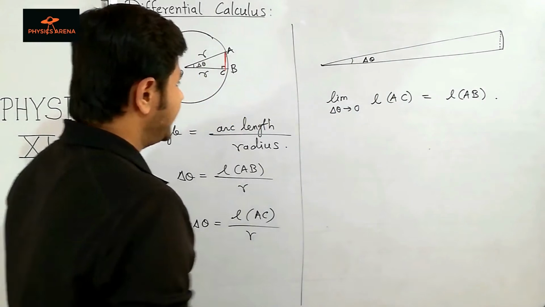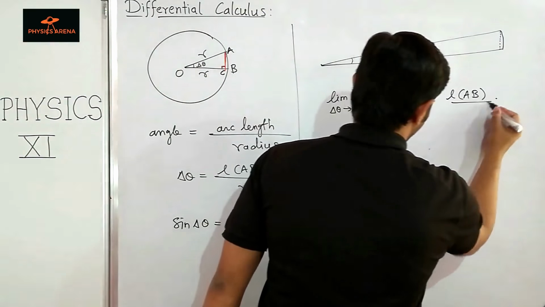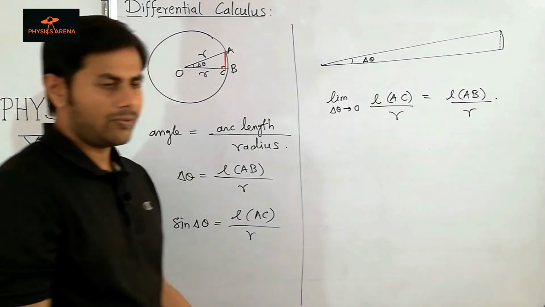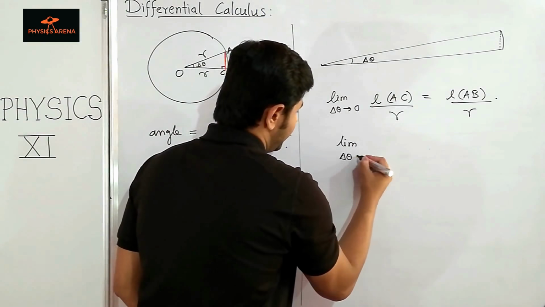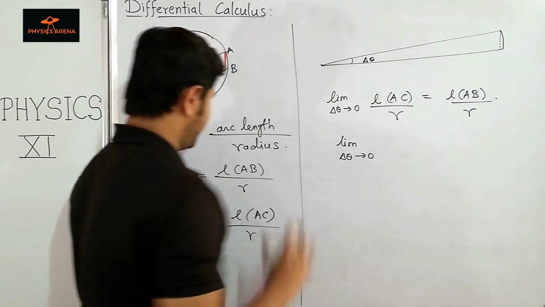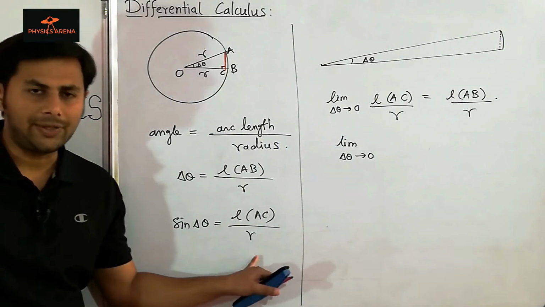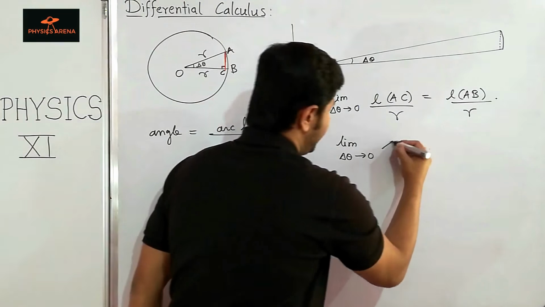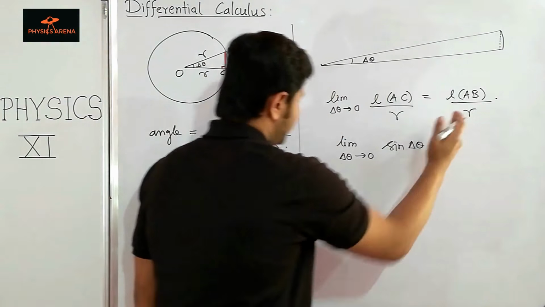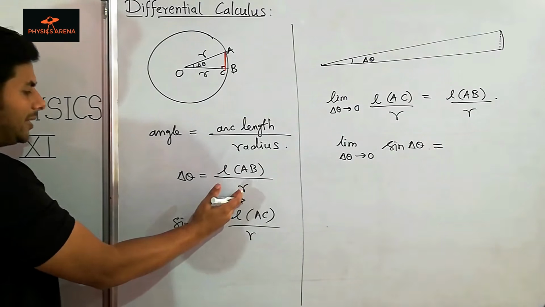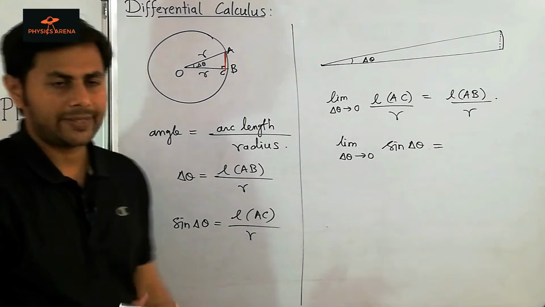Then I can divide both sides by r. So what I get is, in the limit delta theta tends to 0, you can see here it is sine of delta theta. The sine of delta theta is equal to the length of AB divided by r, which is delta theta itself.